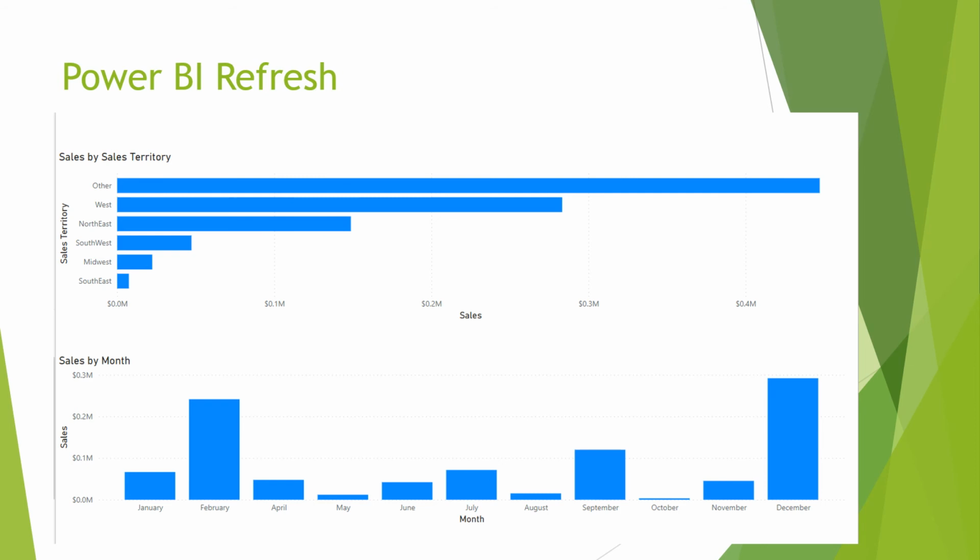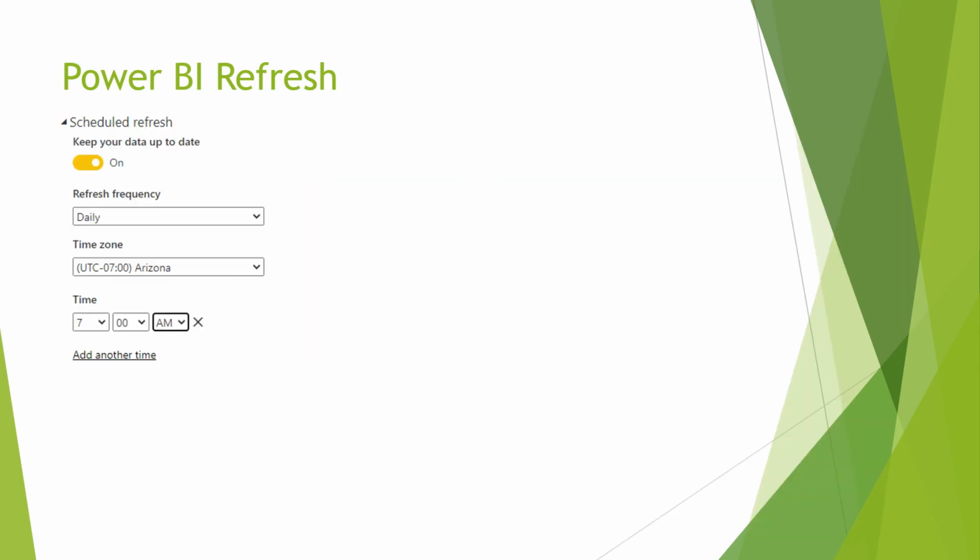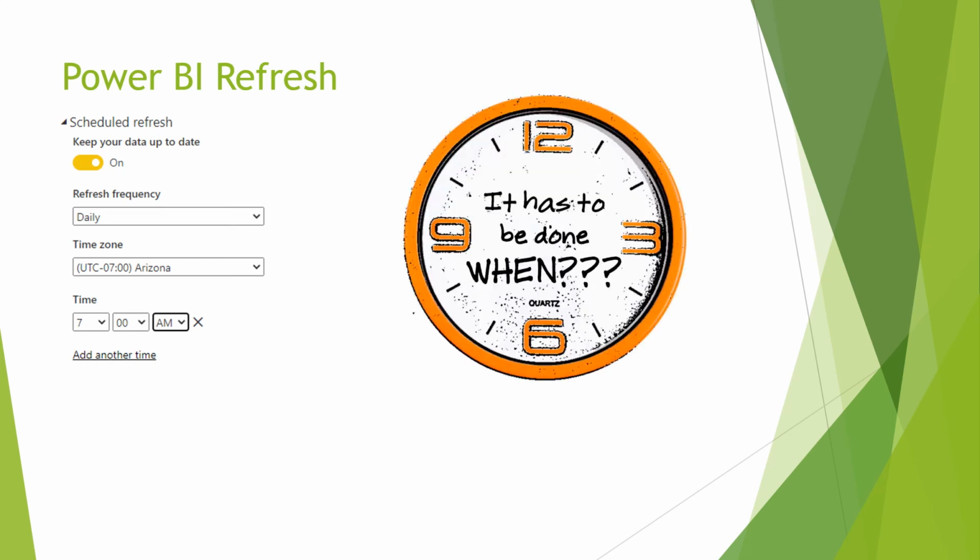Our last step is addressing the Power BI report that we've built off of this data. We want this report to be refreshed after our processing is complete. So you may think, well, Power BI has a scheduler, so I could just use that scheduler. The problem is the scheduler is time-based.